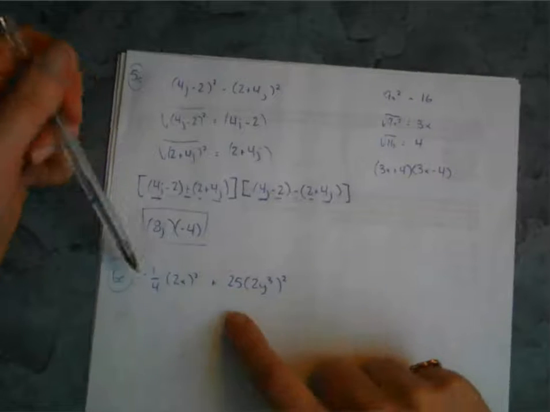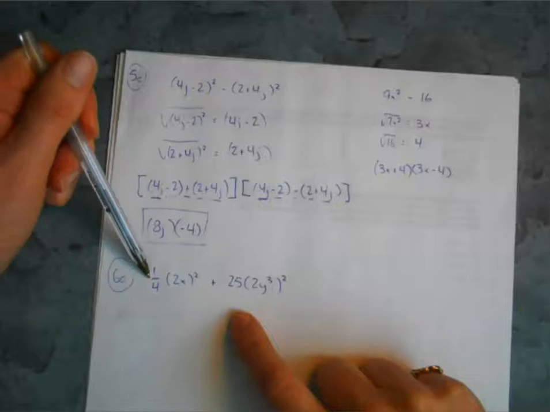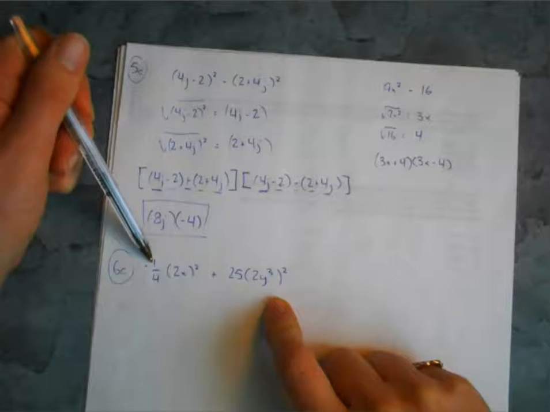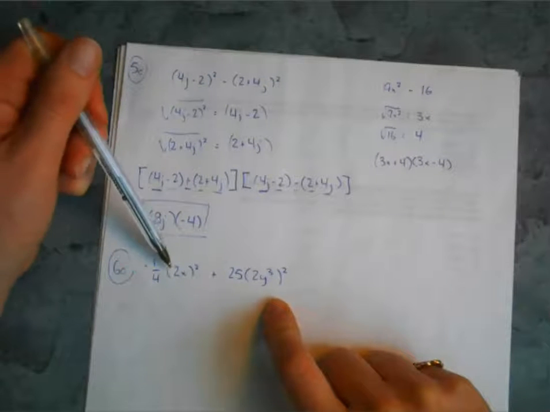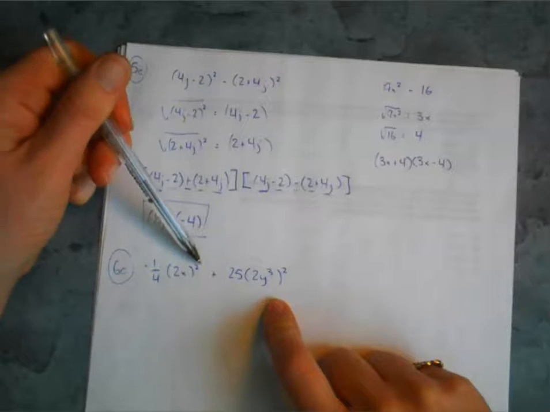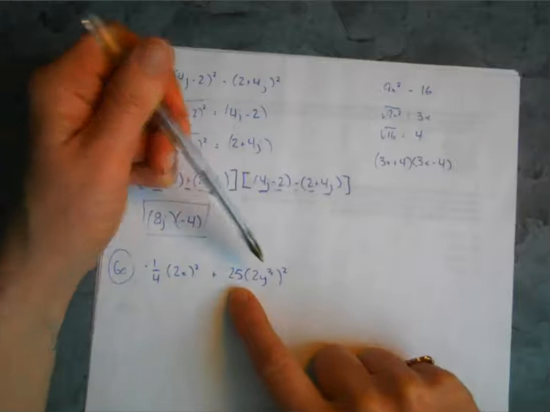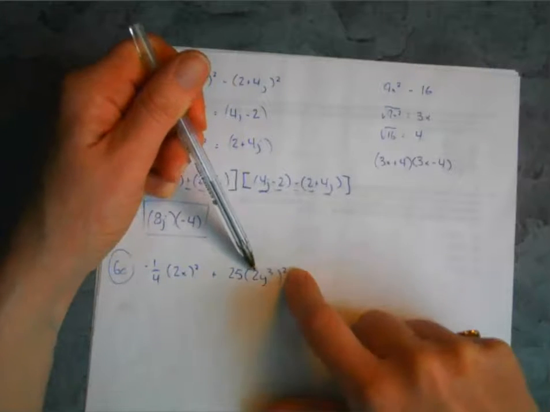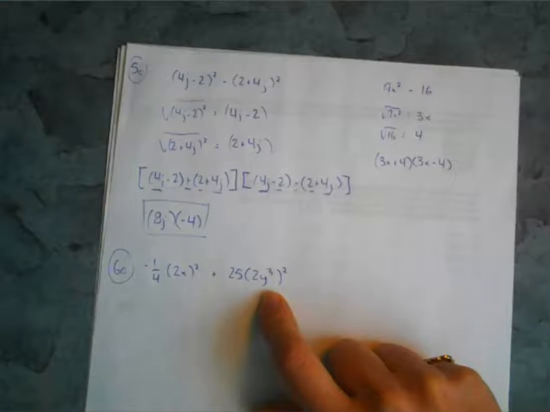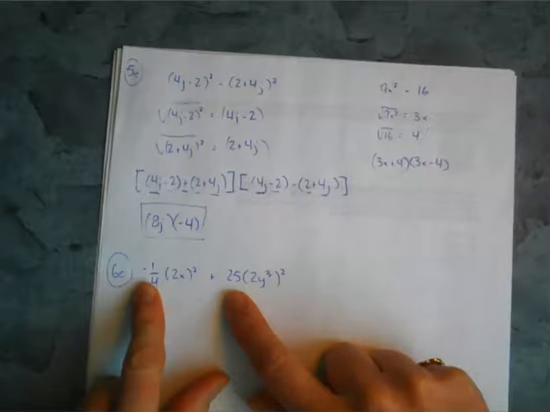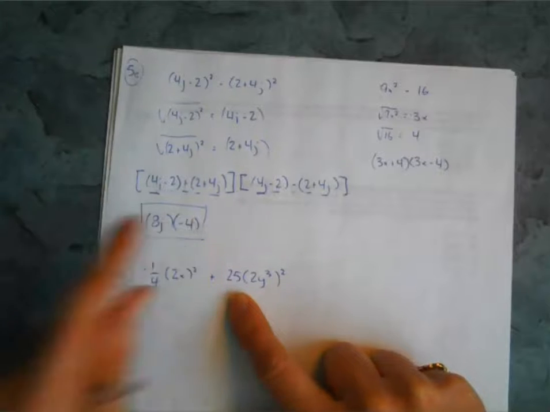One thing that's kind of unfortunate about this question is if this wouldn't have been a negative, then both of these terms would have been perfect squares, because 1/4 is a perfect square of a half, and (2x)² can be square rooted to 2x, right? And same thing, 25 could be square rooted to 5, and (2y³)² could be square rooted to 2y³. So if this would have been positive 1/4, we could have treated it the exact same way we did in the previous question.